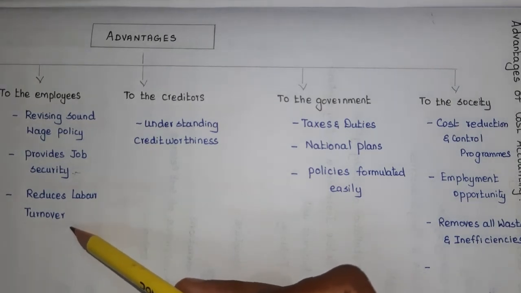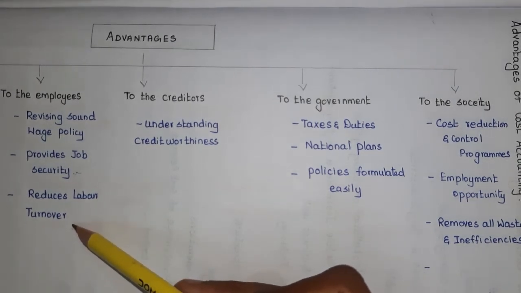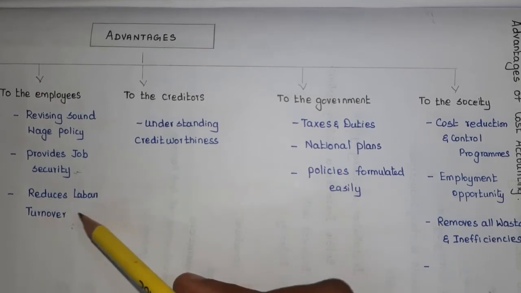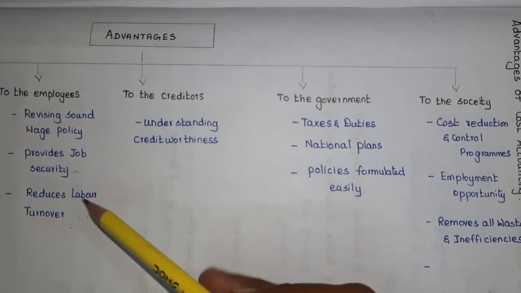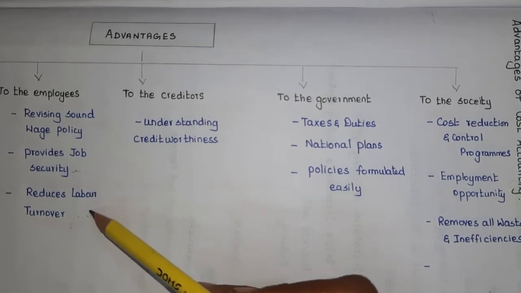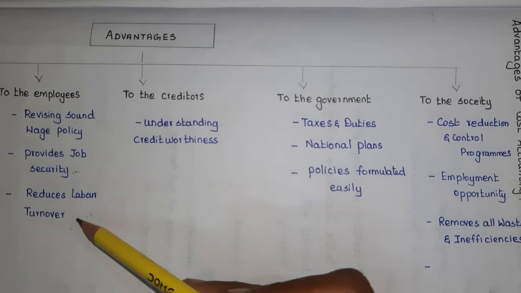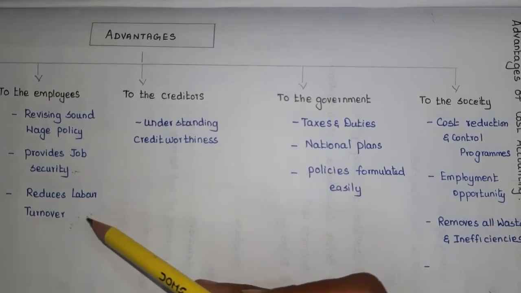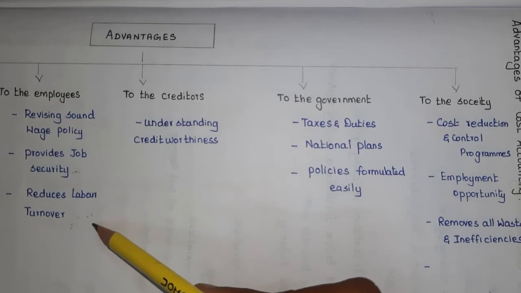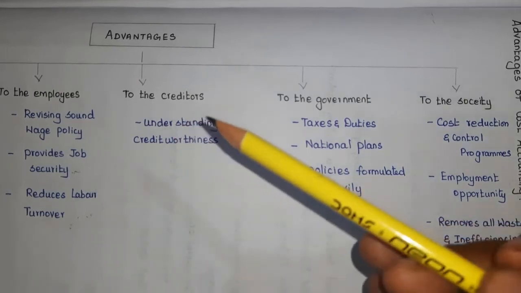The last point in advantages to the employees is reduces the labor turnover. Mostly, laborers leave the firm and join other firms when they lose confidence in the firm. But cost accounting gives confidence to the employees and thereby reduces the labor turnover.